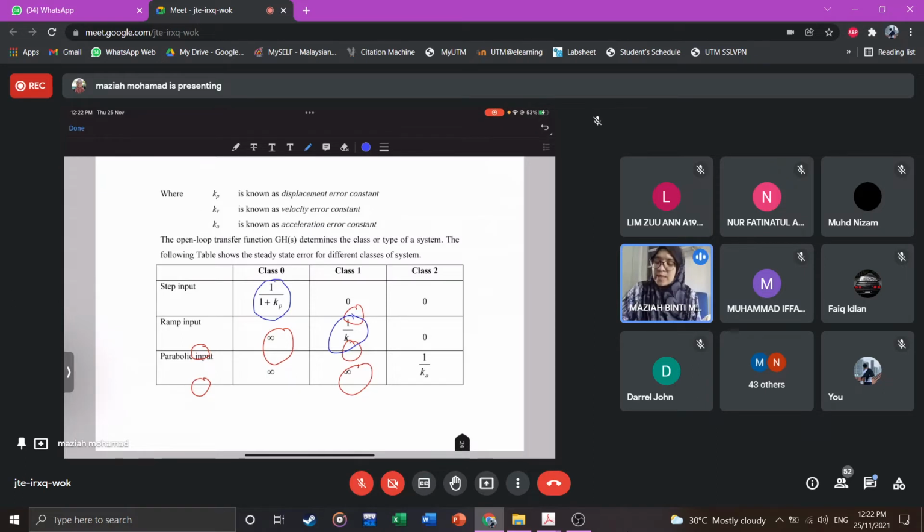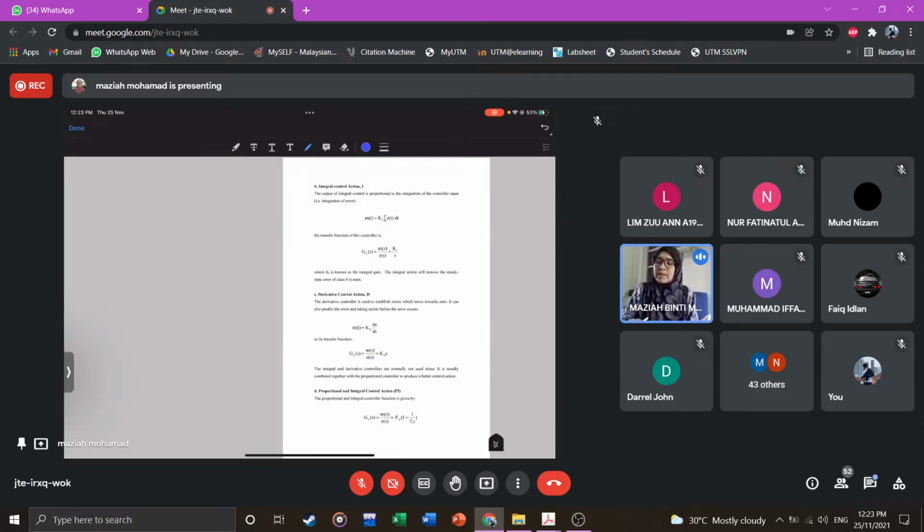But if you change the system to become class 1, you can see that the error will become 0. This is related to the integral action.